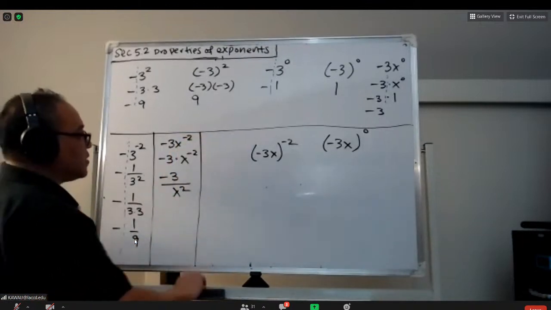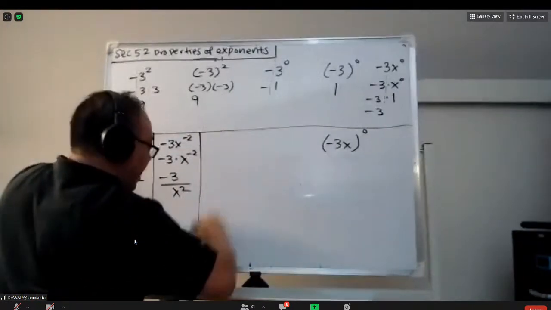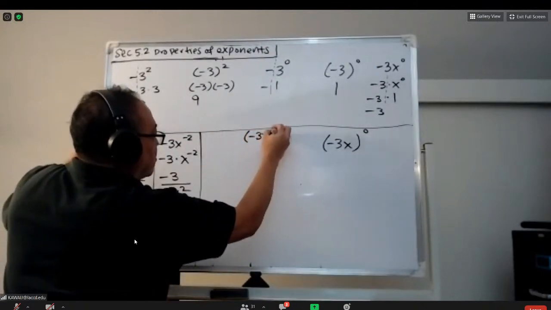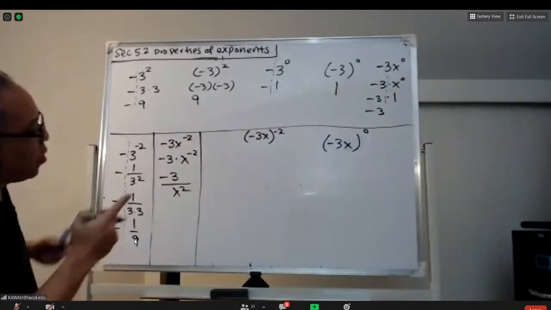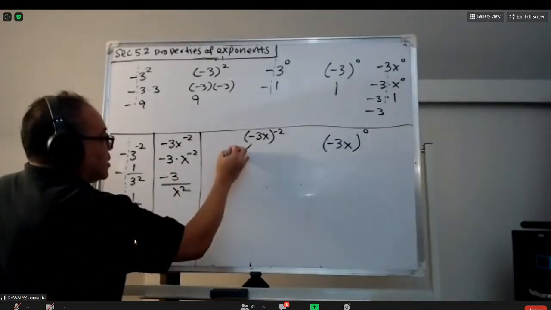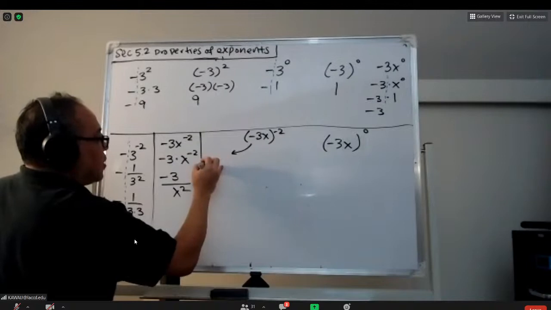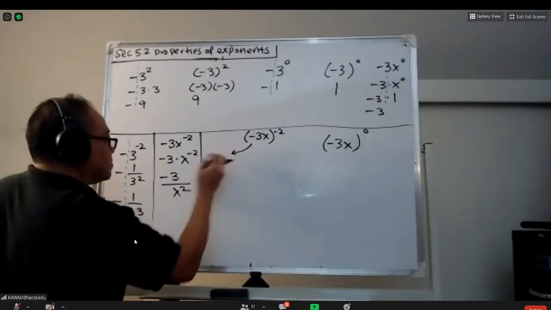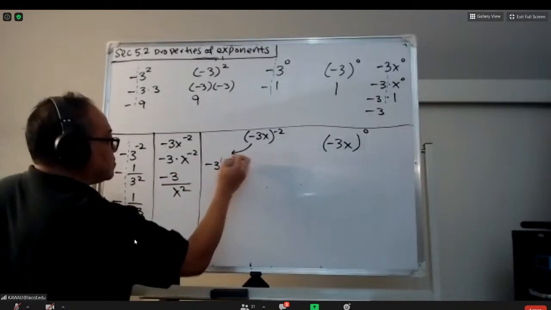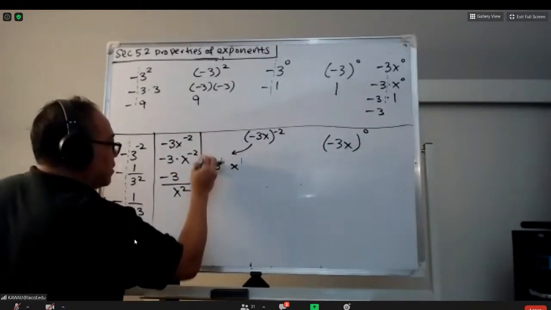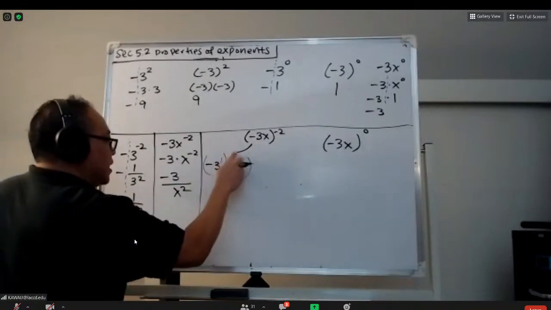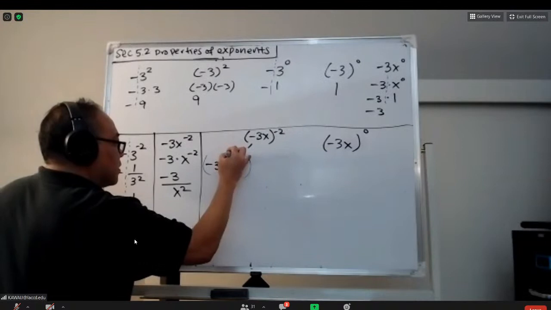Now, this one is confusing. This one has sort of 2 ways to attack it. So I'm going to show you 2 ways to attack this problem. One way is to say both of these have an exponent of 1. And there should be parentheses around both of these, and you're basically distributing that -2 to both of them.